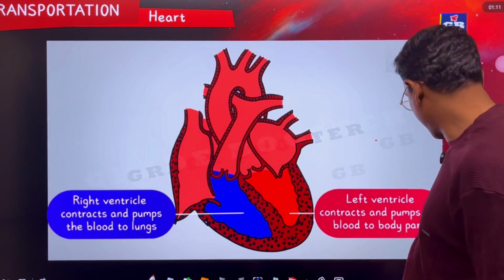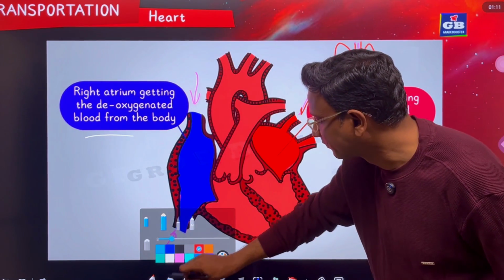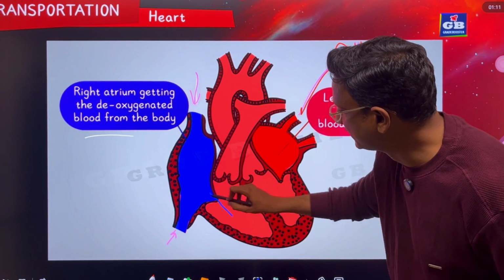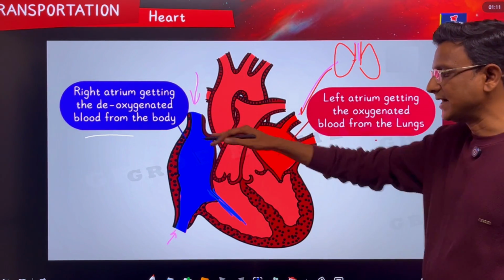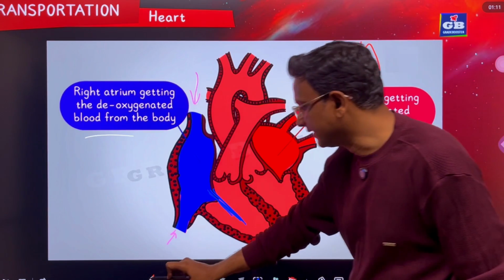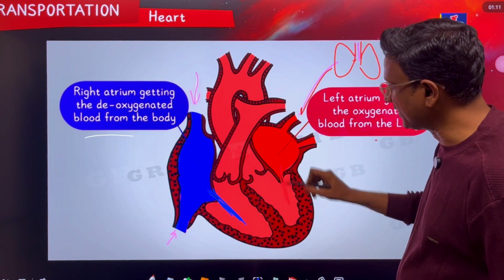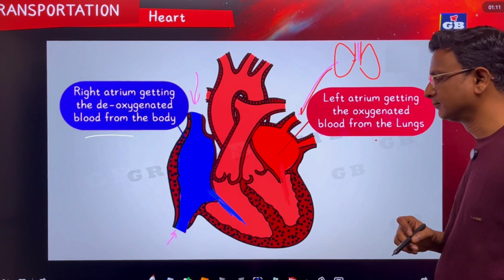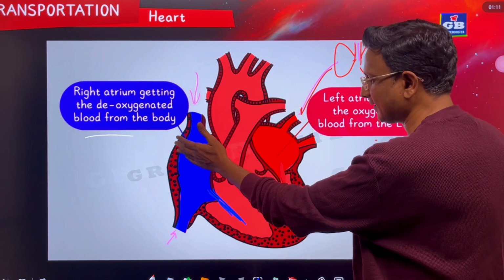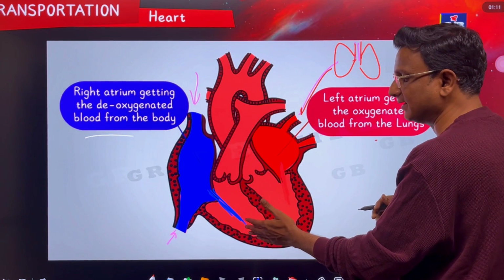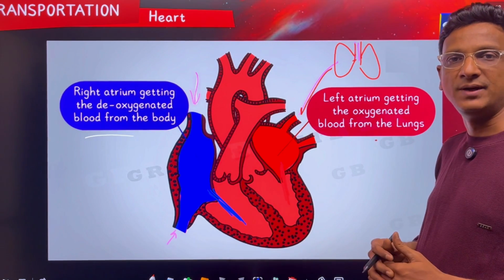Now, whatever blood enters here flows down. This blood flows down into the right ventricle, right atrium to right ventricle. In the same way, the blood from the left atrium flows into the left ventricle. So you can see that the right atrium and right ventricle always contain deoxygenated blood.